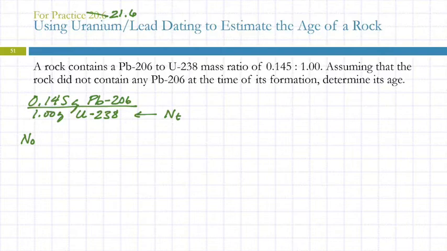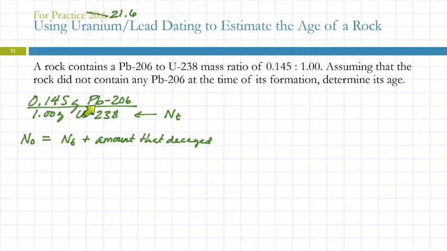So N0, the amount of uranium when the rock was formed, is going to be equal to NT plus the amount that decayed. So we know that 0.145 grams of lead-206 has been formed. That lead came from uranium that decayed.